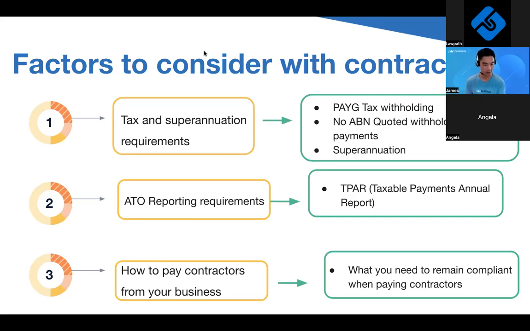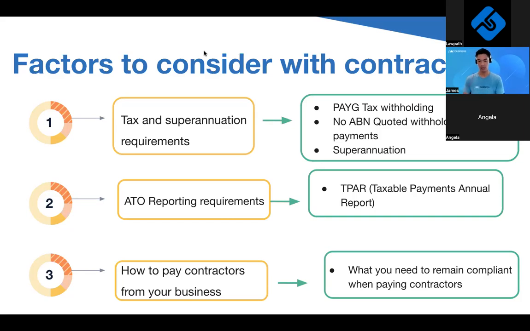If you're engaging contractors in the building and construction industry, the cleaning services industry, freight or courier, IT and security services, then you may have to do TPAR reporting at the end of the year. It's basically reporting to the ATO that you have engaged these contractors throughout the year, and there are eligibility requirements on whether or not you have to report. So definitely check those out if you are engaging contractors in those industries.